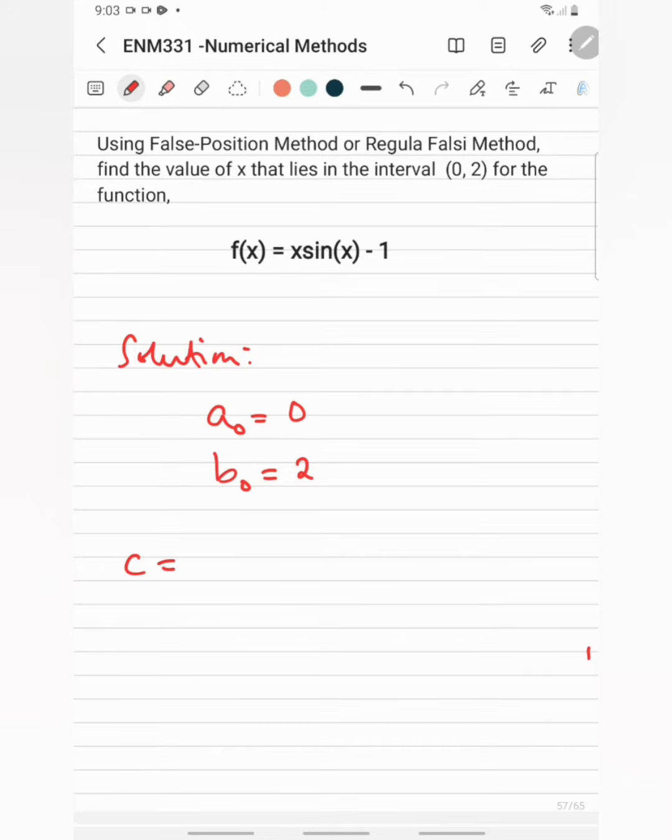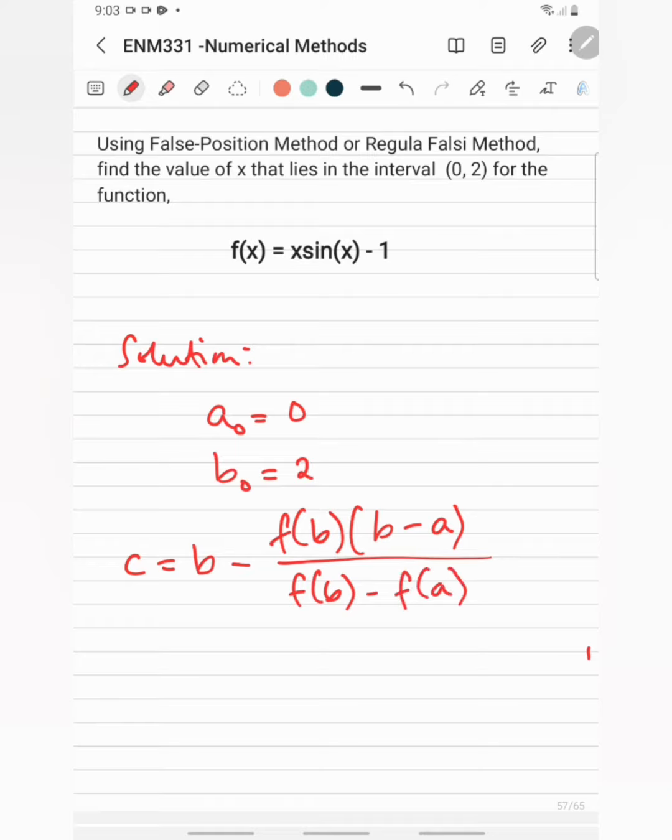The C value in this method will be determined by this equation: B minus FB times (B minus A) divided by (FB minus FA).